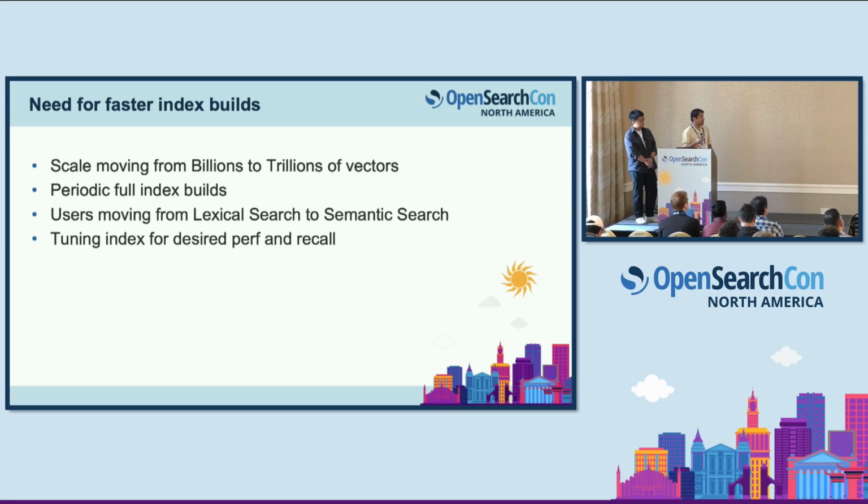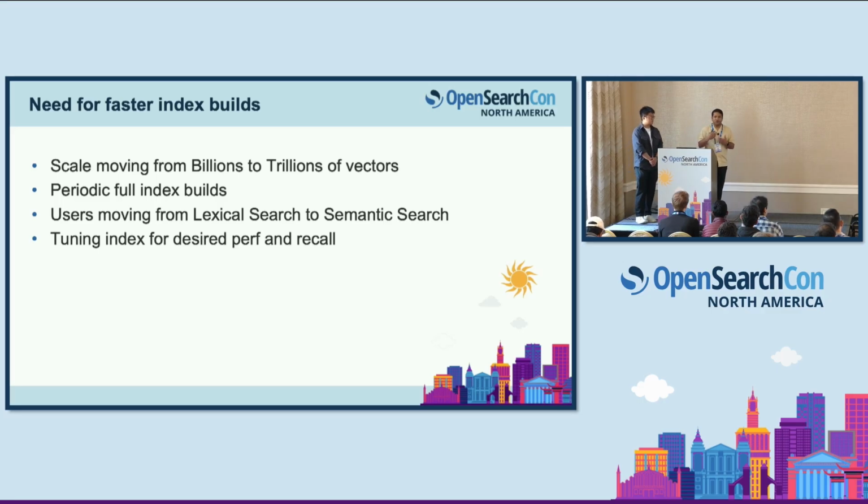The next thing which has been touched upon is people are moving from lexical search to semantic search or multimodal searches. Consider a use case where in production I have, let's say, billions of documents ingested from an e-commerce standpoint. And now I want to enable a semantic search on top of it. It's a fully production running cluster.